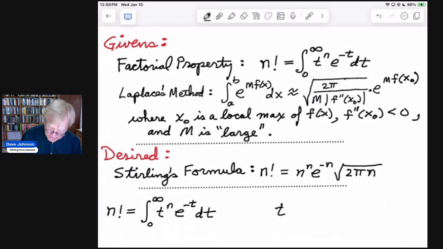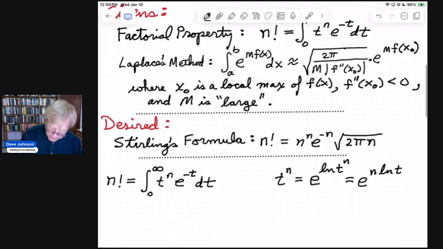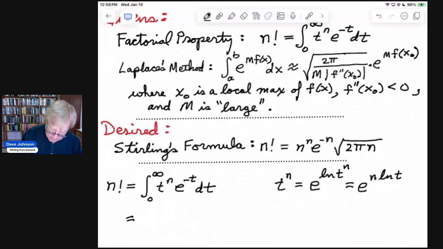So if we rewrite t to the n in the following way, t to the n is equal to e raised to the ln of t to the n. That's just a simple log property. And then rewrite that as e to the n ln t. Now we can replace the t to the n.